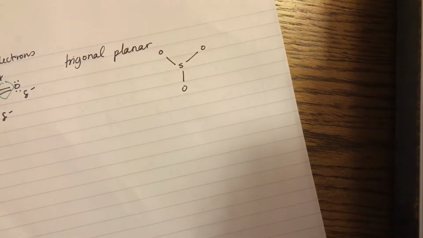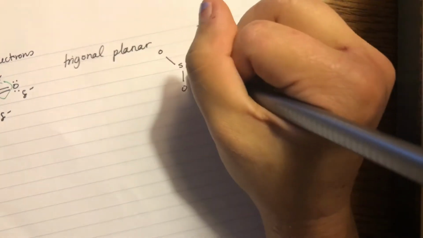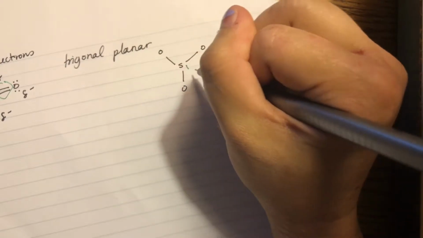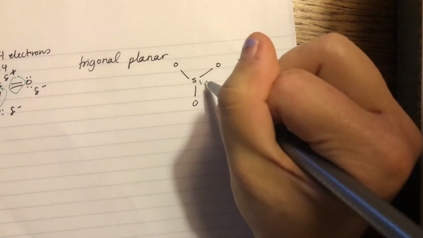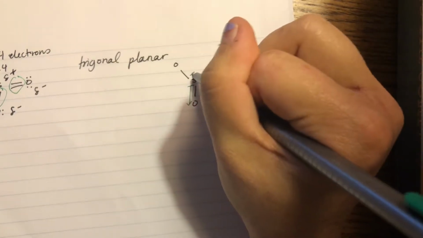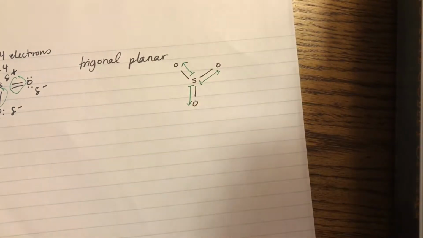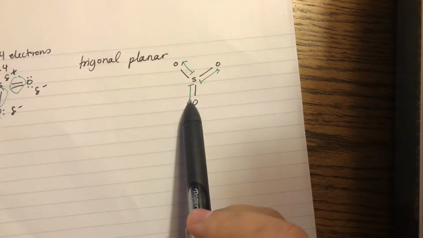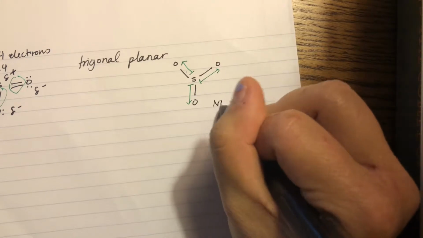And so here we are going to draw the bond dipoles, and they go from the less electronegative atom to the more electronegative atom. And so these 3 dipoles will cancel, making SO3 nonpolar.